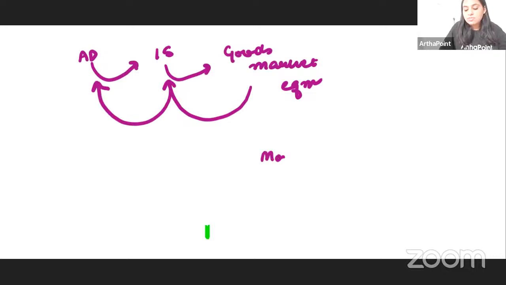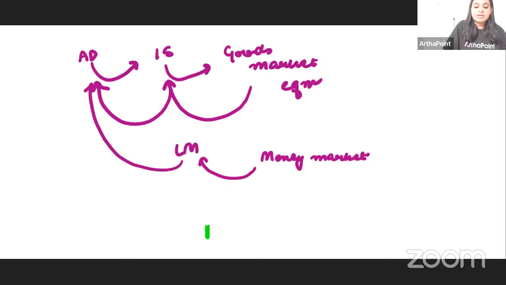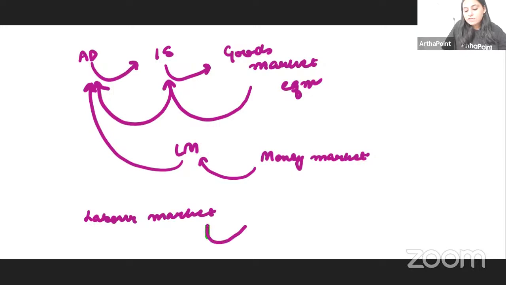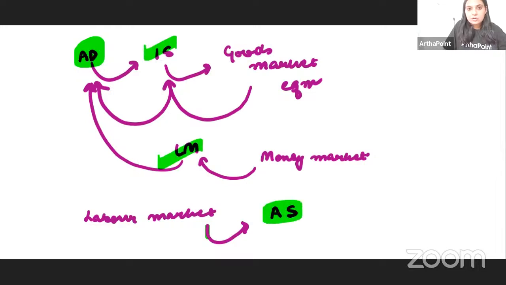Then we need to know the money market, which will give me the LM curve, which will help me derive the AD curve. Then we already know the labor market, which will give me the AS curve. So the aim is to derive the AD curve and the AS curve.